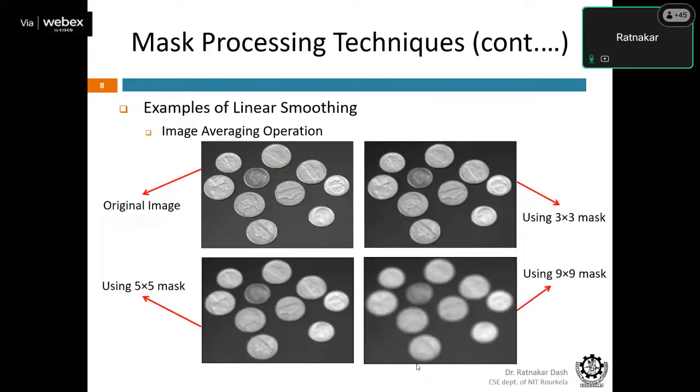It increases further by using the mask of 9x9. So this linear smoothing is also useful to remove noise from the image, to remove blurs, or to remove unwanted edges from the particular image, and can be used for many applications.